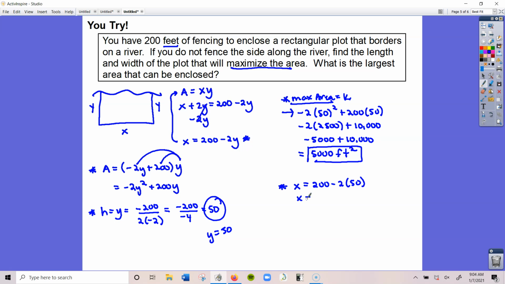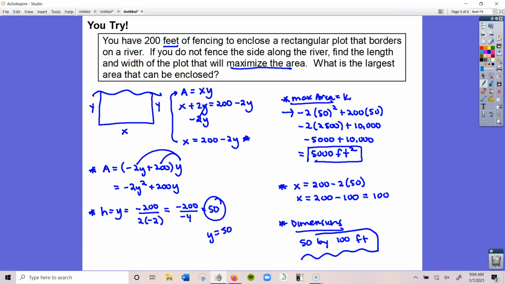So x is equal to 200 minus 100, which is equal to 100. So my dimensions would be 50 by 100 feet. Now it doesn't matter if you write 50 by 100 or 100 by 50, it's going to mean the same thing. So this would be my dimensions.